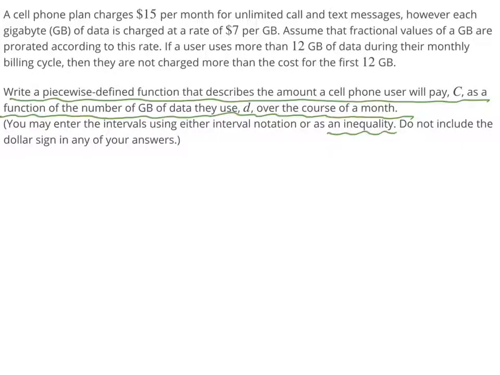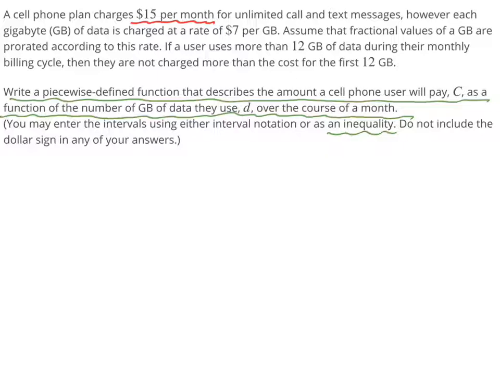All right, so now let's read the description of the cell phone plan closely, and try to figure out how many pieces we need for this function. In the first paragraph, it says the cell phone plan charges $15 a month for unlimited calls and text messages. So that's a flat monthly fee that everyone pays, whether they use their phone or not.